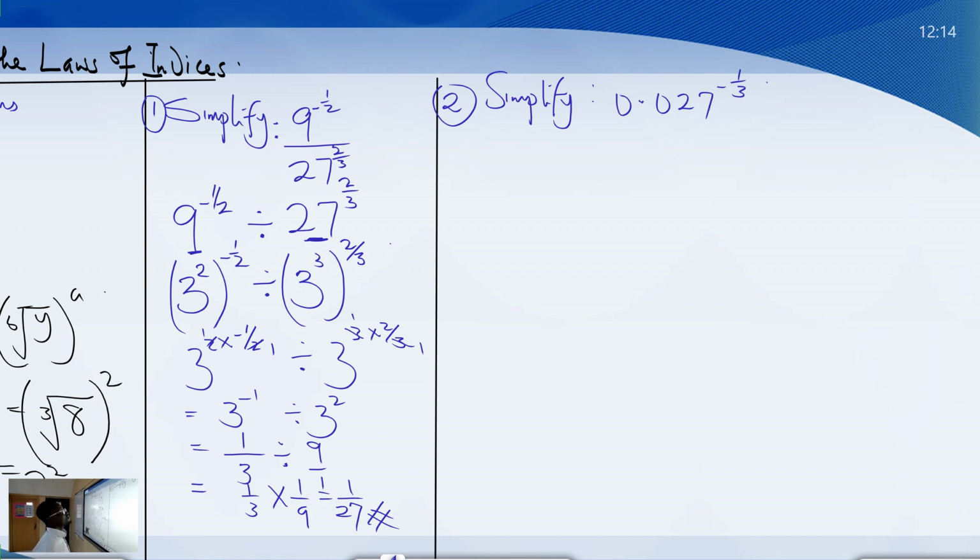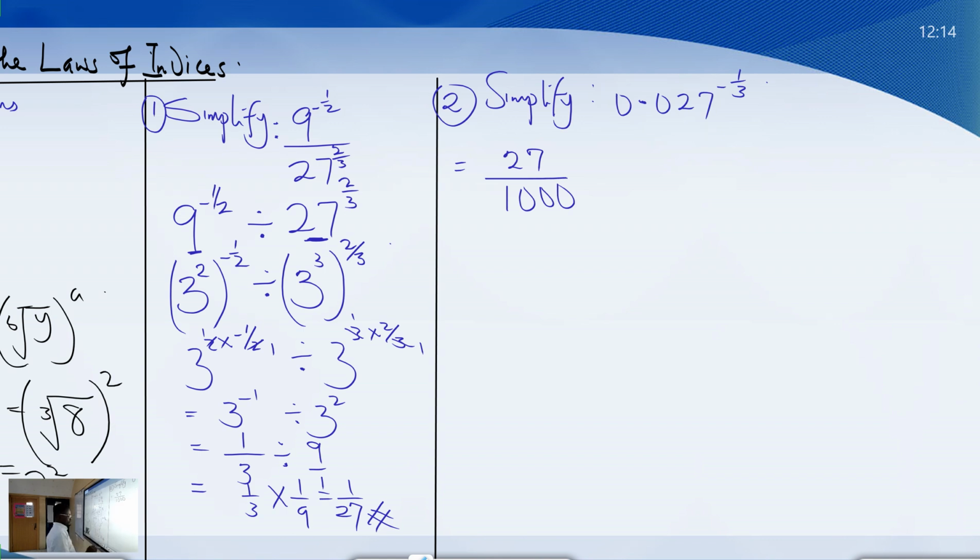We have this question. The first thing is to change this 0.027 to fraction. Change it to fraction, and that becomes 27/1000. How is it 1000? The decimal point will take 1, another digit will become 0. So that is how you arrive at that.